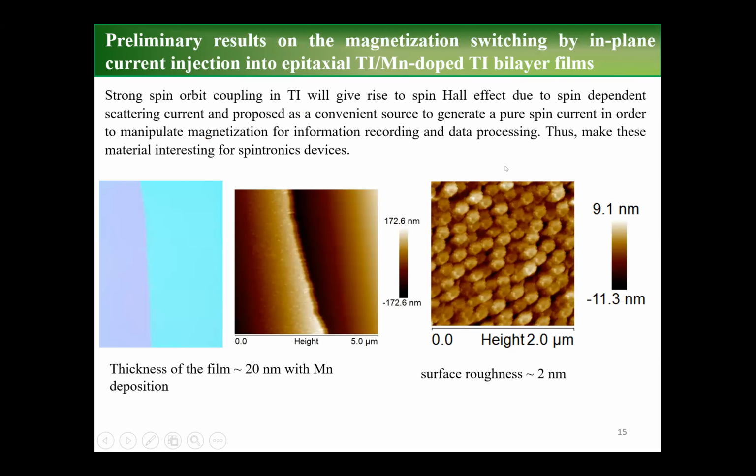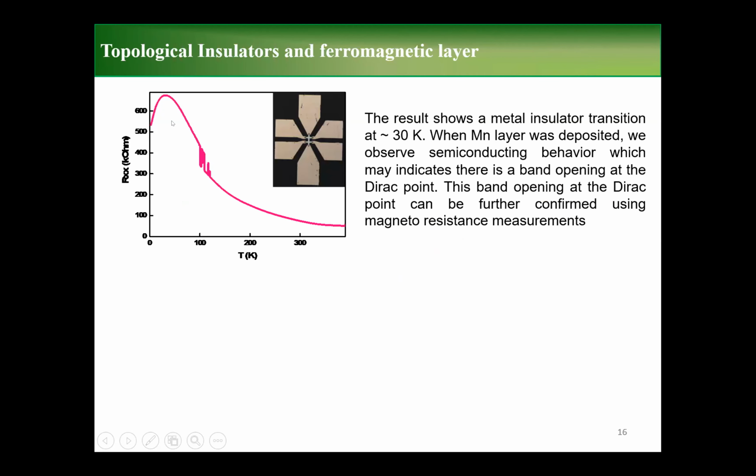So there are some preliminary results, which I will not go into the details of. We have also grown bismuth selenide in MBE with the aim to study switching magnetization, but we achieved a different result. This is a device that we have achieved: on top of bismuth selenide, we have a ferromagnetic layer.